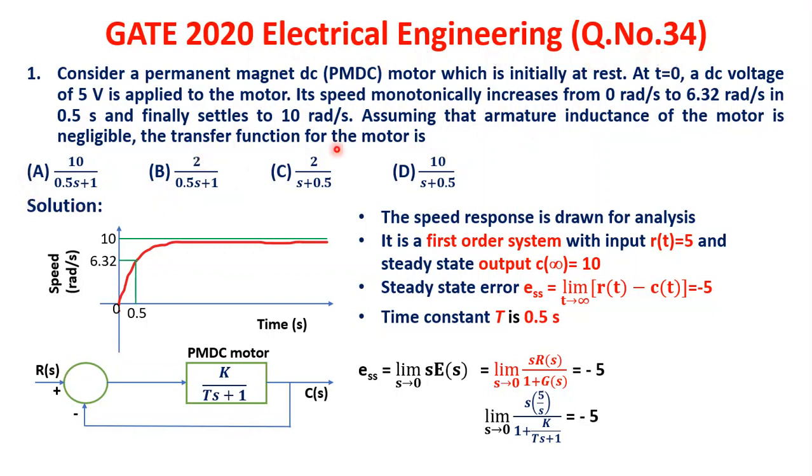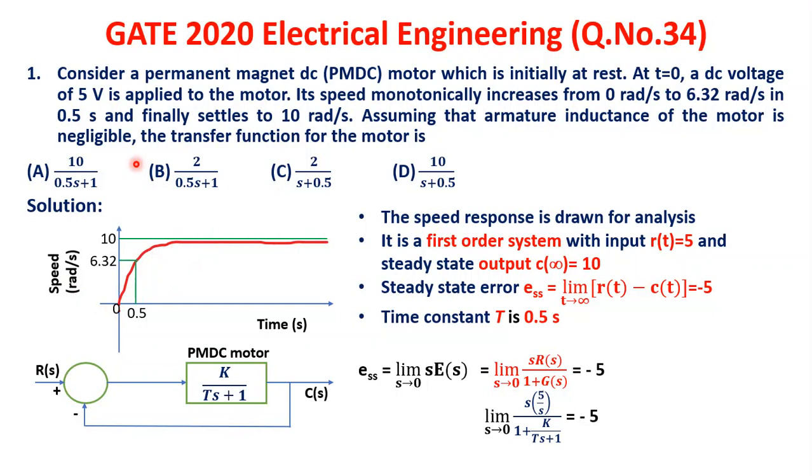The moment we see the options, we can understand that it is a first order system. A first order system, we know very well from our video 5, time response of first order system, is an exponential rise.